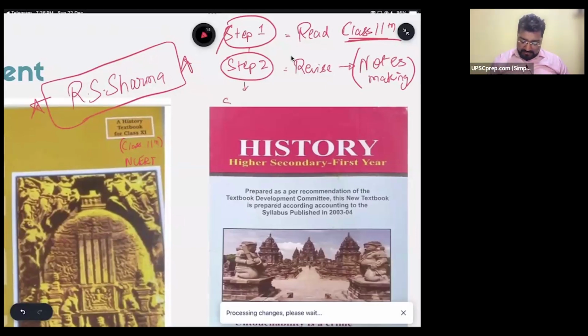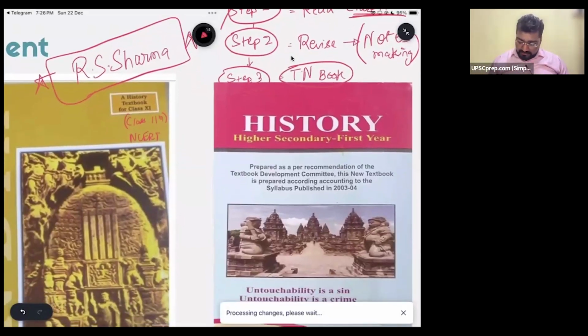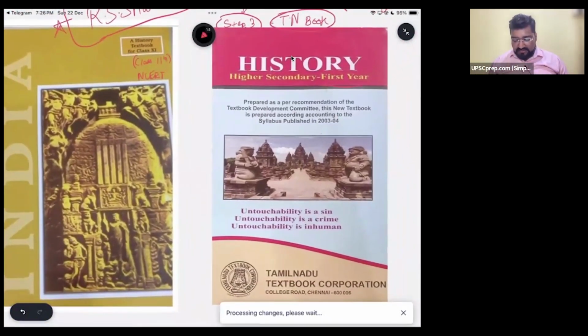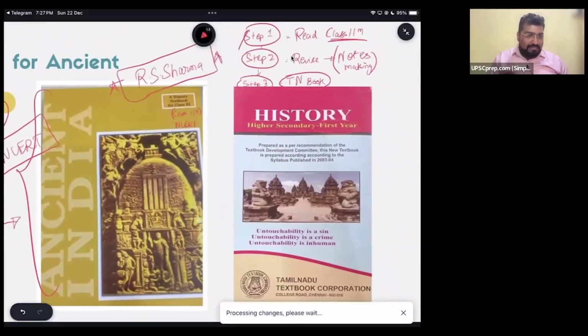And thereafter, your step 3 will be to read this Tamil Nadu book. This Tamil Nadu book, which is shown over here, is the higher secondary first year book. This is, you can say, a kind of revision book. Okay, once you are done with R.S. Sharma or the old NCERT book, just read this book.